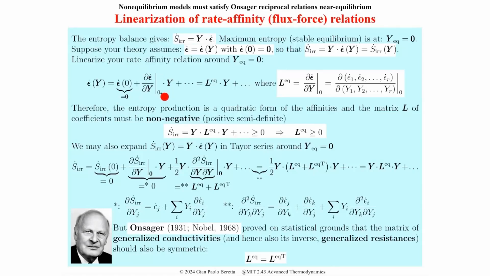I'm going to call this partial derivative L, our generalized conductivity, the inverse of the resistance matrix. It's a matrix that we can also write as the Jacobian matrix of the various rates as functions of the various affinities. So it's a big matrix to be evaluated at y equal to 0.